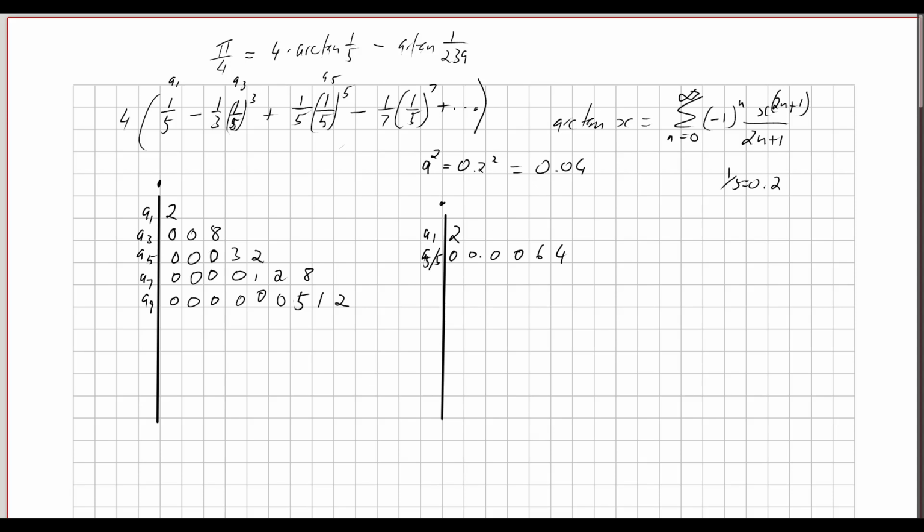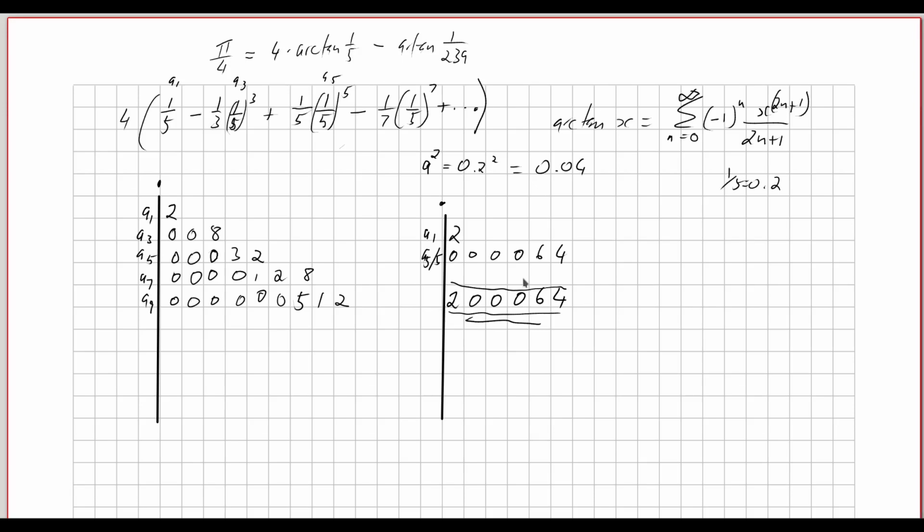What he did then was he added heaps of terms because he went to 100 decimal places. But what we can do now is add those two terms, so 0.200064.